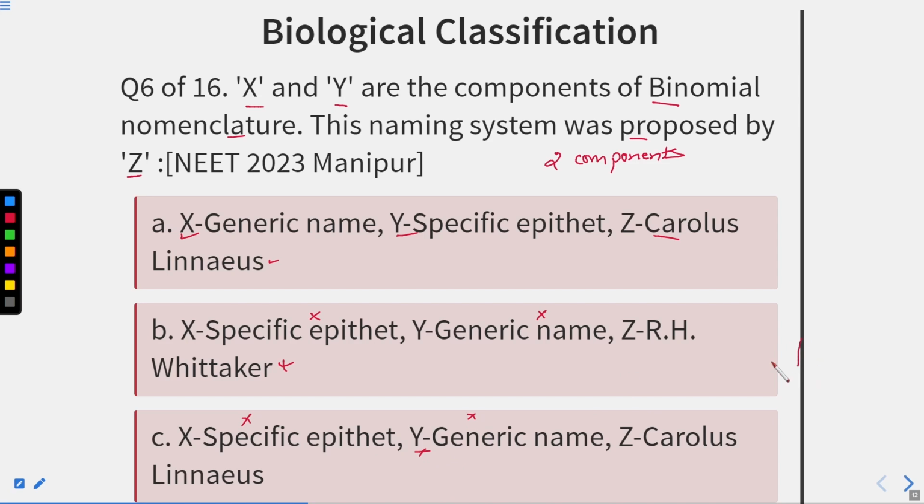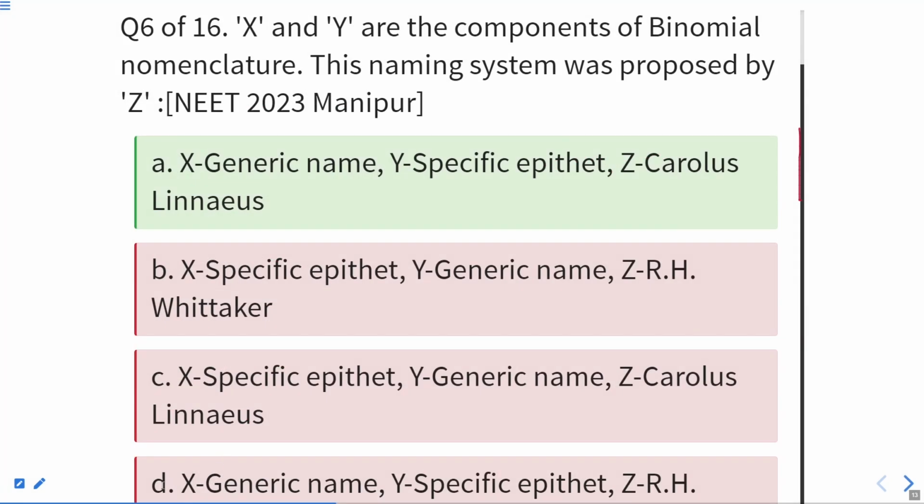Now let's talk about the last option, D. So in option D, X is the generic epithet, Y is the specific epithet, and Z is by R.H. Whittaker. So this is also not the correct answer. So here the correct answer is option A.